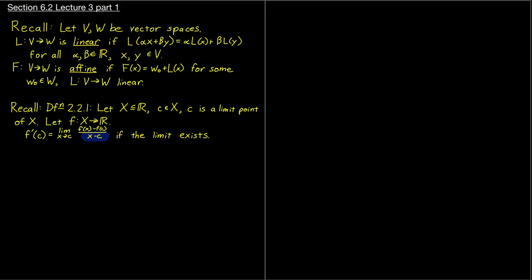I can't divide by a vector. I do not know how to divide a number by a vector. That's just not a thing that really works. So we're going to have to come up with some other way of defining a derivative.